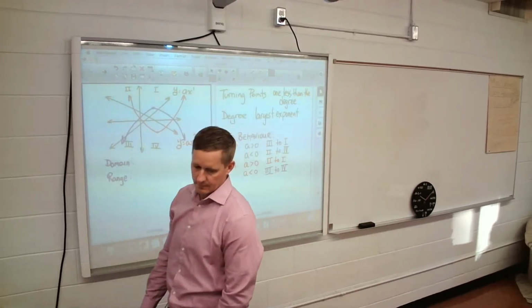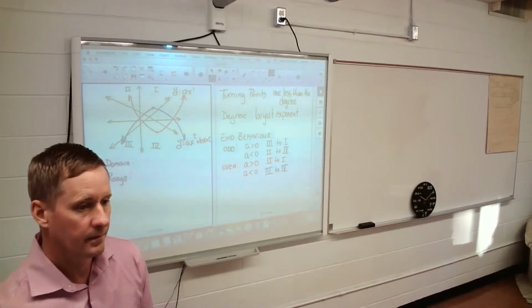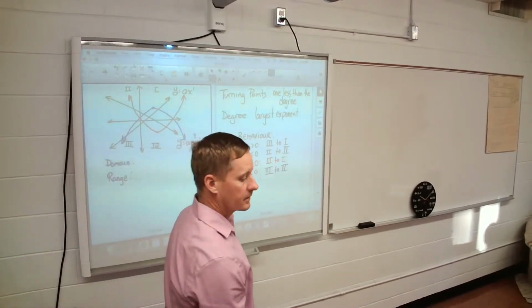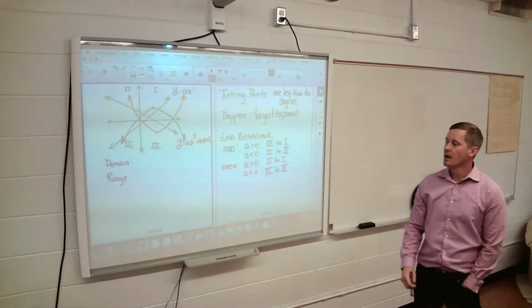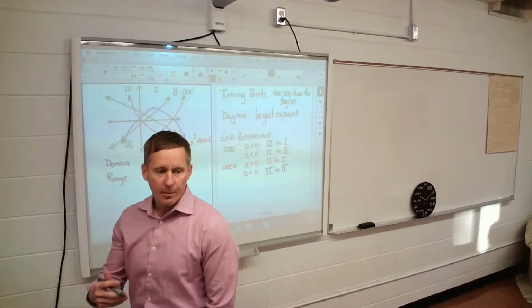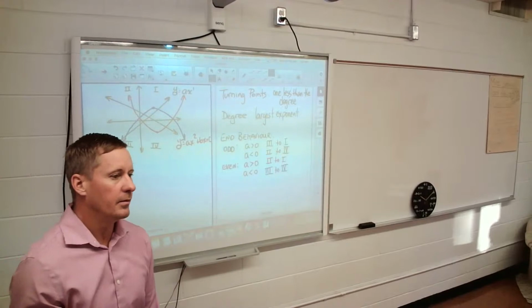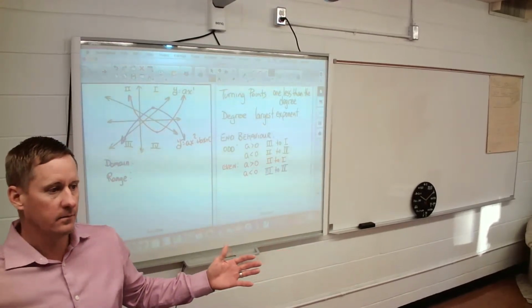X is the element of all reals. Very good. What's the domain for a parabola? Pardon me? No, that's range. X an element of all reals. All the polynomial graphs will be X as an element of all reals. They'll go left and right forever.